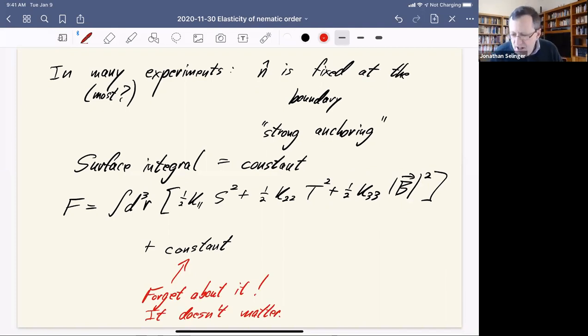So, indeed, I would say most liquid crystal scientists have already forgotten about it. Okay, and if you poll liquid crystal scientists and ask them what is the Frank free energy, 99 out of 100 will tell you this thing.